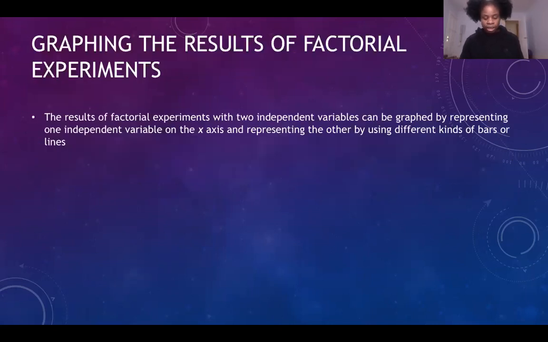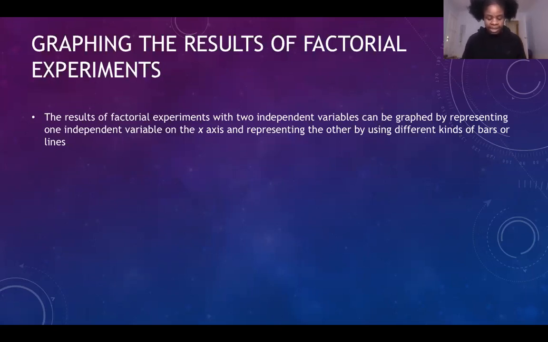The results of factorial experiments with two independent variables can be graphed by representing one independent variable on the x-axis and representing the other using different kinds of bars or lines. The y-axis is always reserved for the dependent variable at all times.